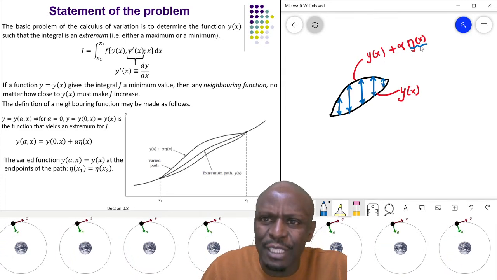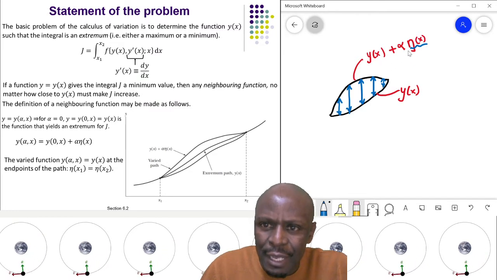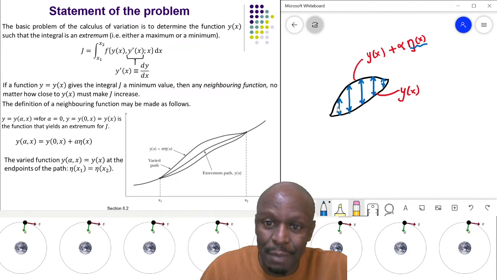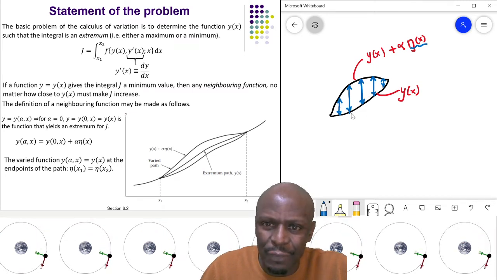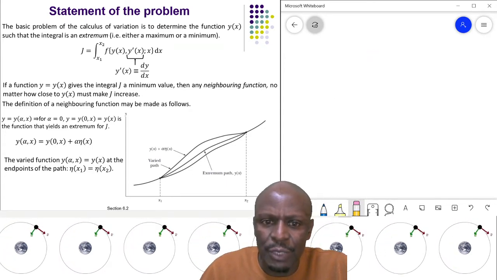So the new function will just be defined in terms of this function. So alpha eta of x is just defined by the variation multiplied by that scaling factor of the new function compared to the old function. So that's what I want you to see.